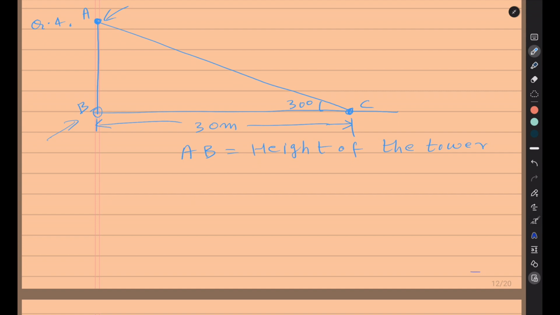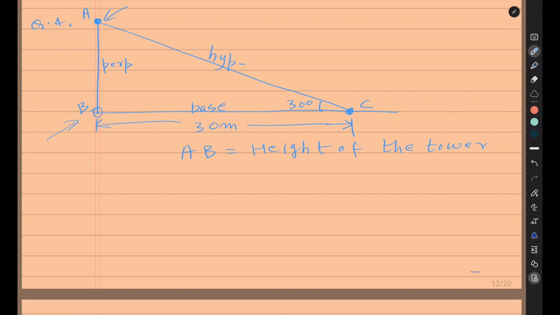And if we think in terms of perpendicular, base, and hypotenuse, so obviously this will be the base and this will be the perpendicular and this will be the hypotenuse, isn't it?